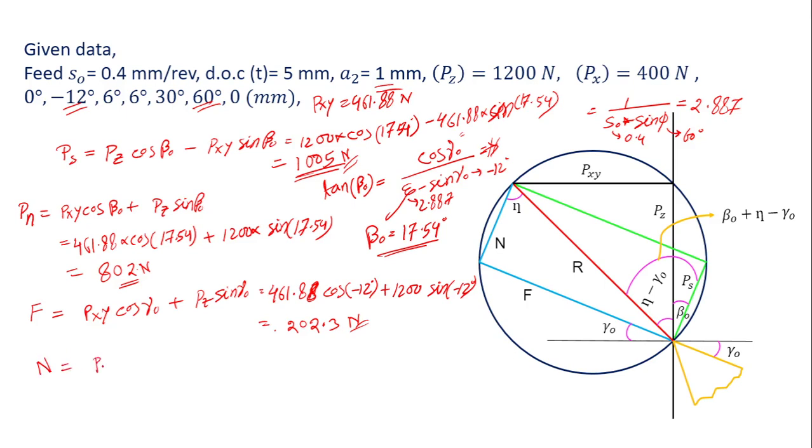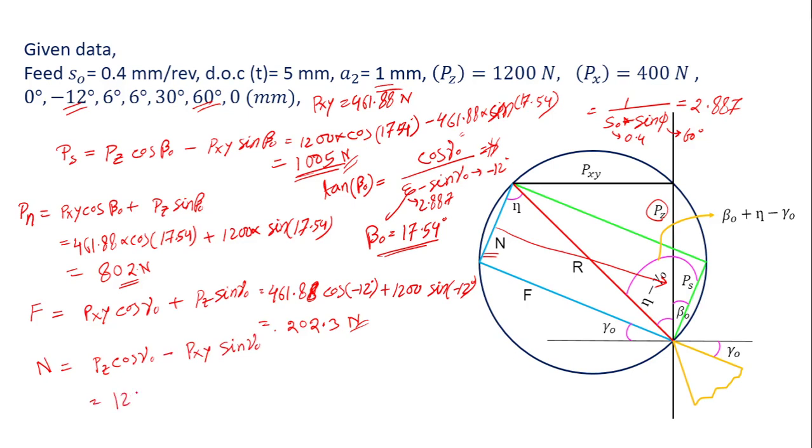Now we have the normal to friction force, the last one that we have. Normal to friction force is pz cos of gamma naught, and what is opposite to it? Opposite to it is the pxy. So pz into cos gamma naught minus pxy into sine of gamma naught.